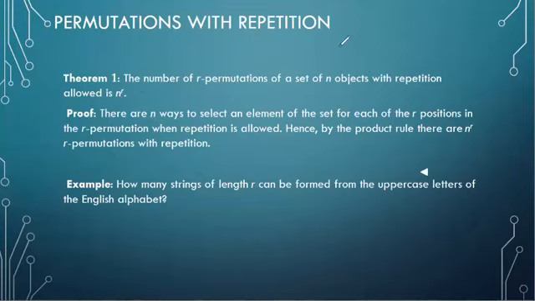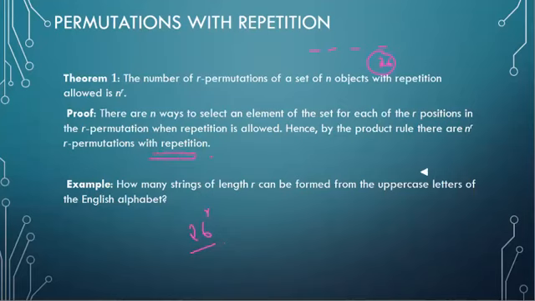I showed you for the earlier question, where we had r blanks and 26 choices for each of the r blanks. If you remember the answer for how many strings of length r can be formed from the uppercase letters of the English alphabet, it was 26 power r. Hence, by the product rule, there are n power r permutations with repetition.